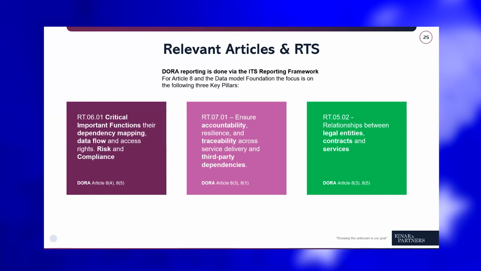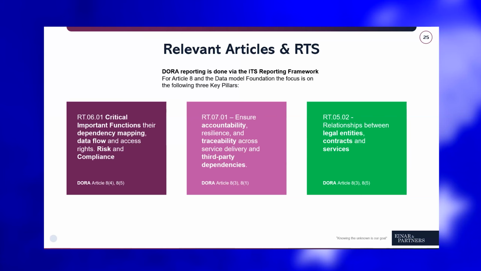And moreover, where we also spoke about the DORA register of information, it's then also important that we link those contracts of those third parties, that we understand the legal entities of the company that are involved, and also where they connect to which service, and ultimately which critical function is making use of that.